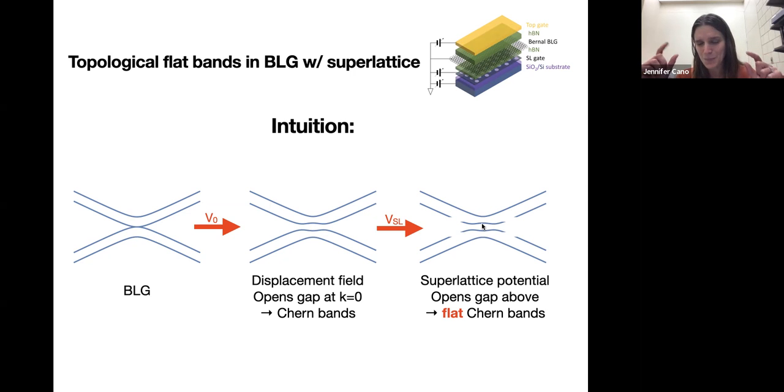So now you get some band corners that are coming from the superlattice that you've imposed. That creates additional band folding and opens additional gaps. And so from this, you can create very flat bands. Since the displacement field already created a valley Chern number, these bands will inherit some of that topology.